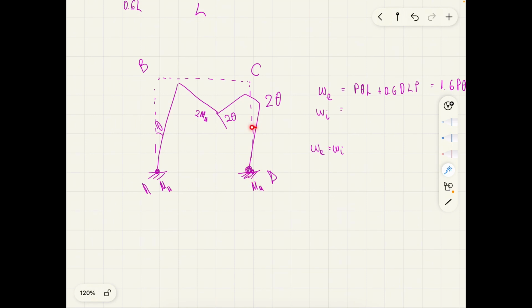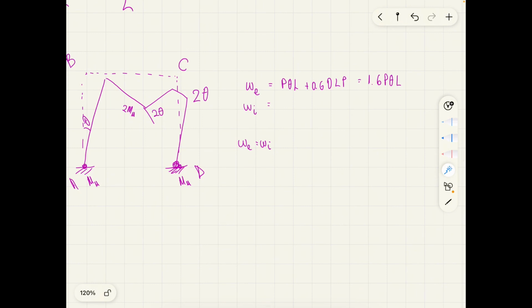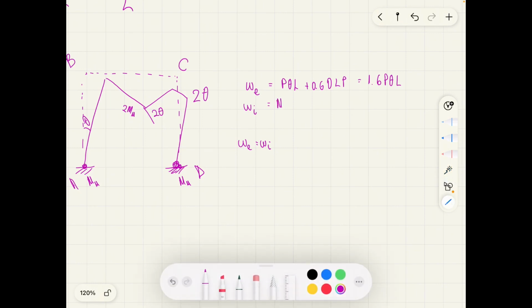Well, technically the theta's here, so this one. So we have, like we said, mu theta plus 2 mu 2 theta, 2 theta was the angle, plus mu 2 theta plus mu theta, so 8 mu theta.